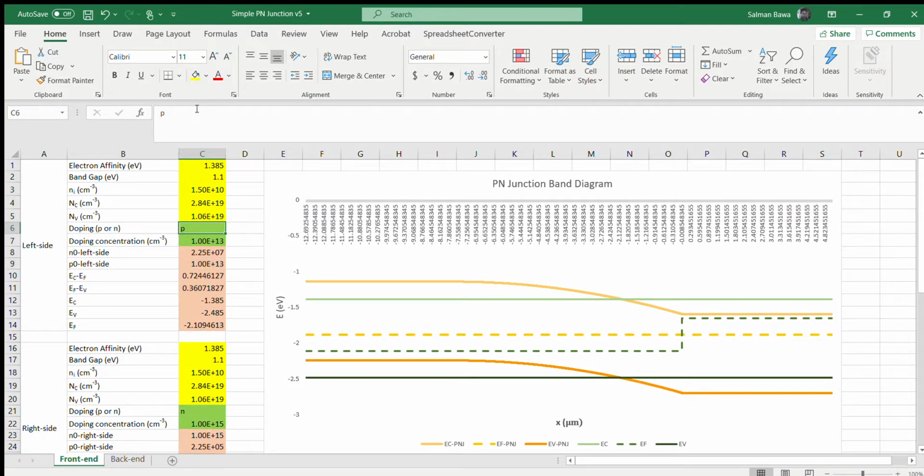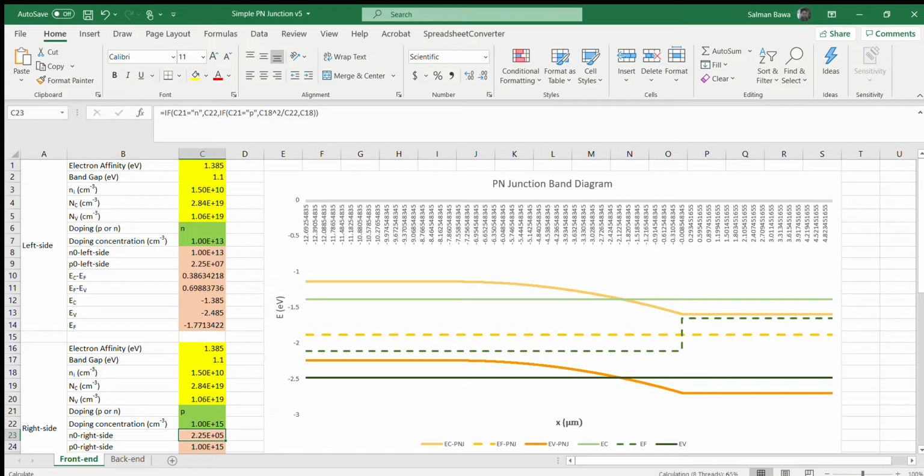And what happens if we change the left-hand side to N-type, keep the same doping concentration, and change the right-hand side to P-type with the same doping concentration? And once again, you can see the Excel is starting to do the calculations right now, right here on the screen.